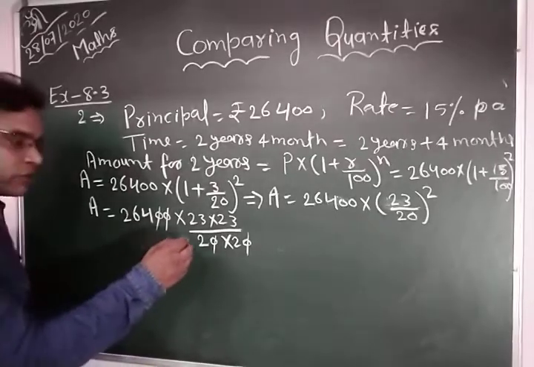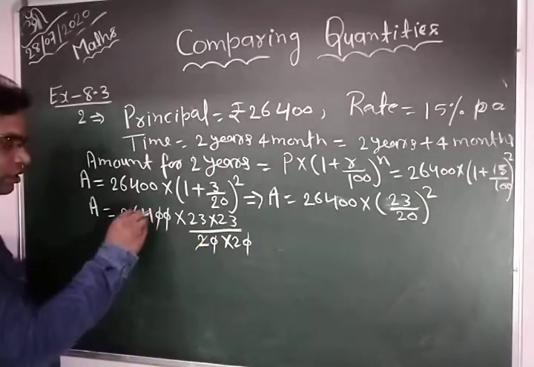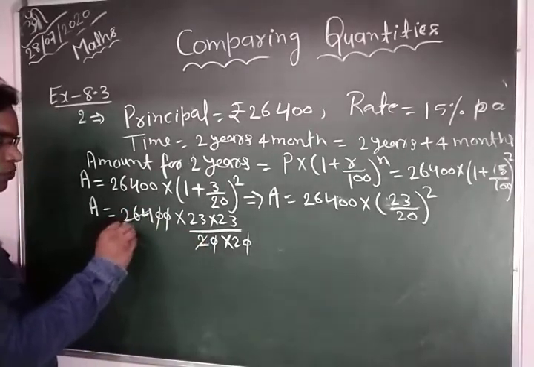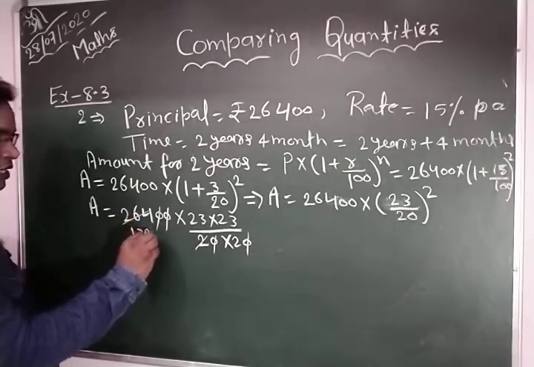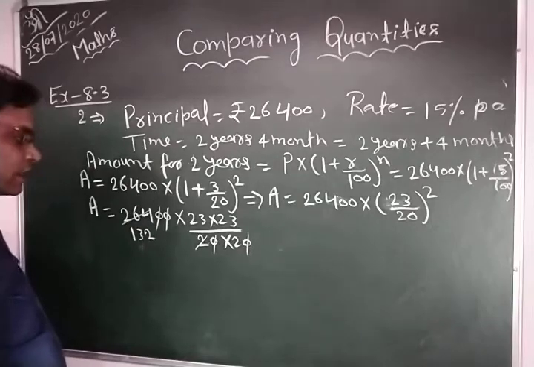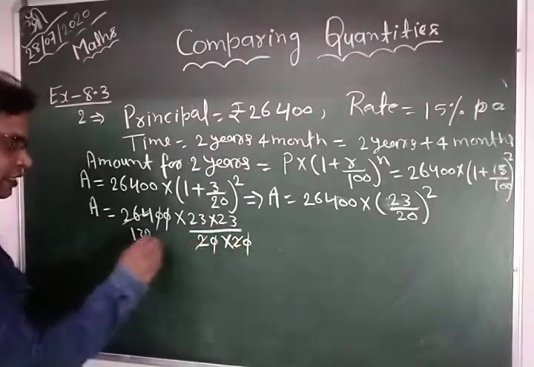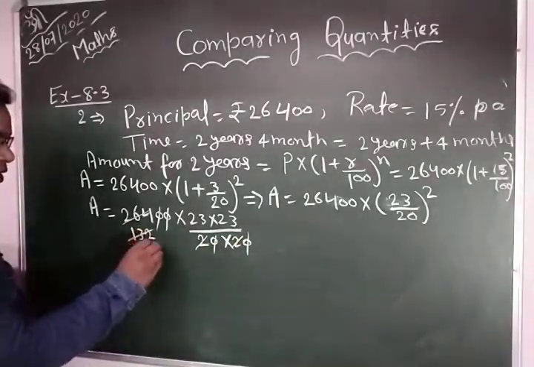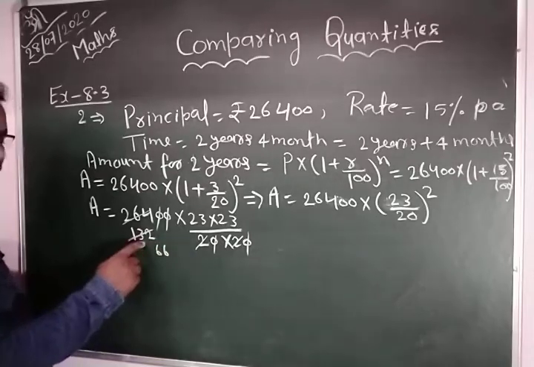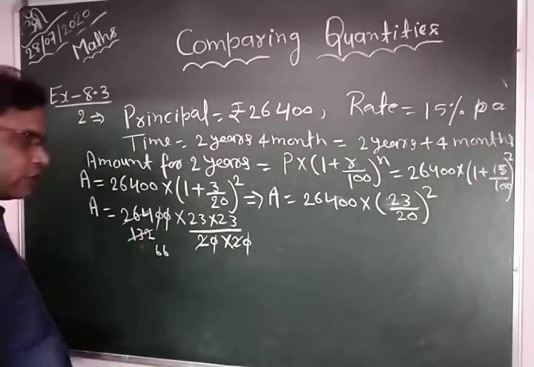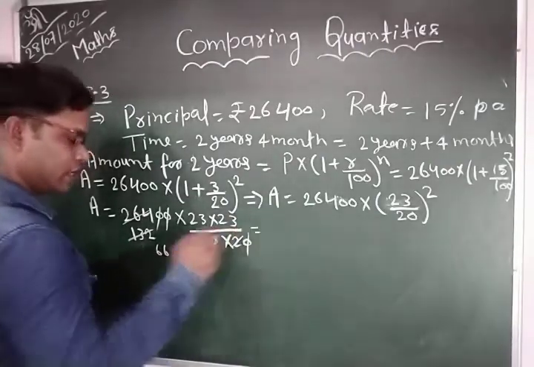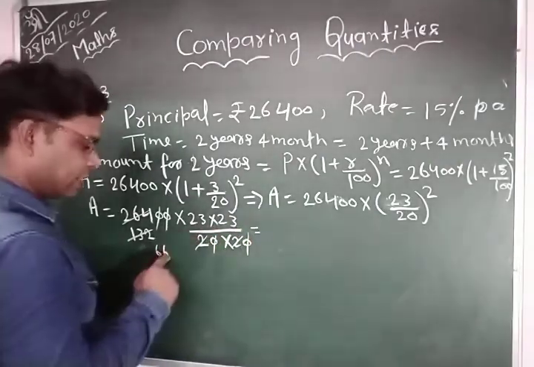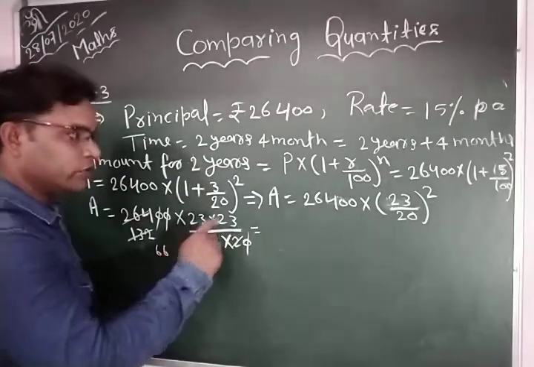And if you cancel it by 2, you obtain 2 ones are 2, 2 threes are 6, 2 fours are 8. Now again you cancel it, 6 twos are 12, and you obtain 66 into 23 into 23.